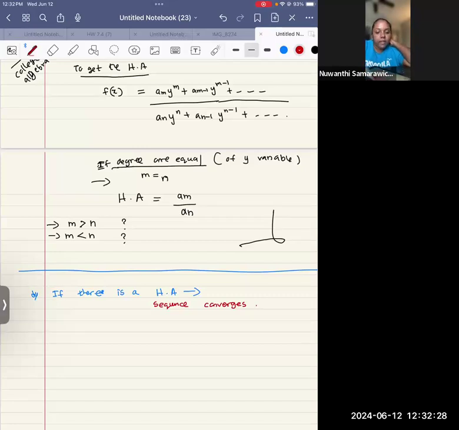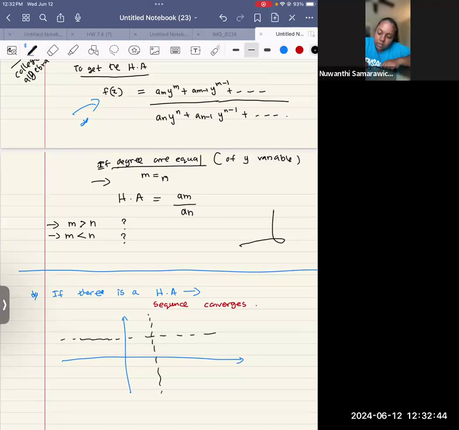Okay, so this is a function. If I draw this in terms of a sequence, it will look like this, because a sequence is always points, always numbers.